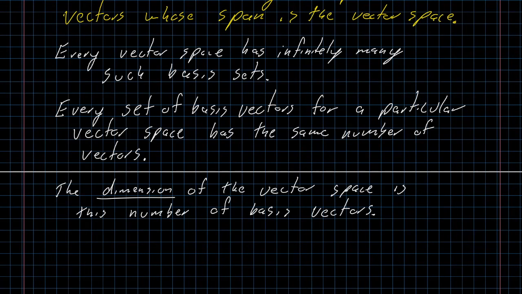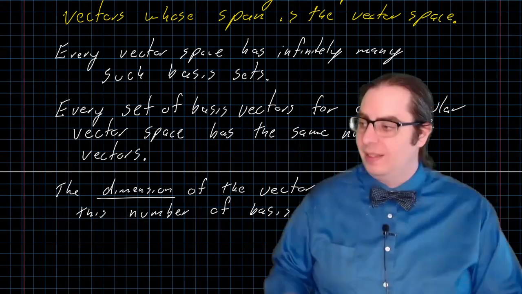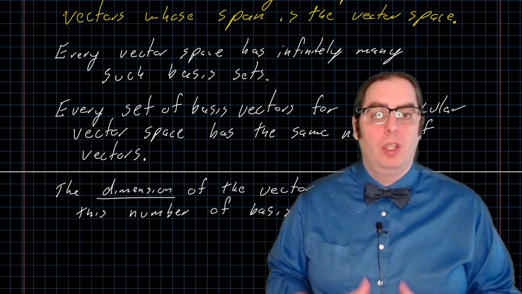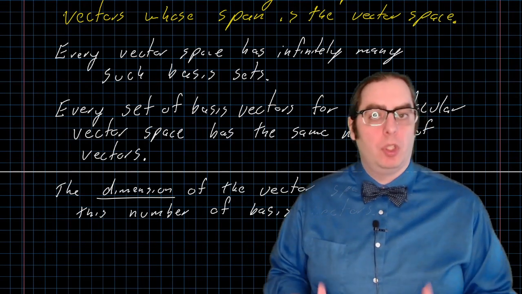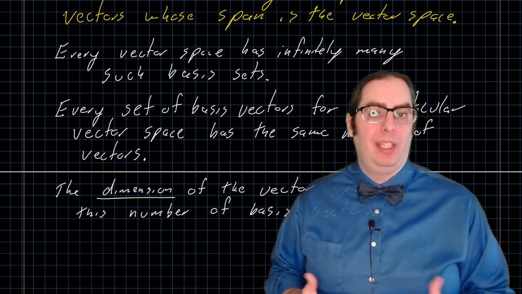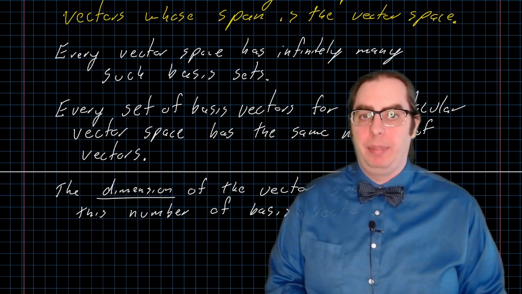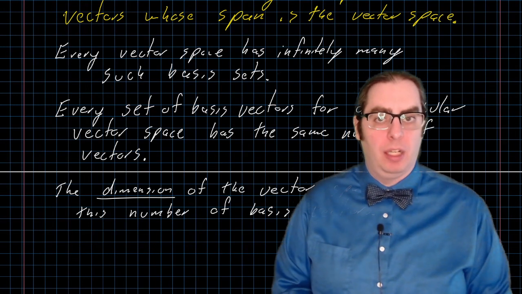The dimension of the vector space is this number of basis vectors that are required. To think about dimension, I want to call your mind back to the examples I was talking about at the beginning of today's video.